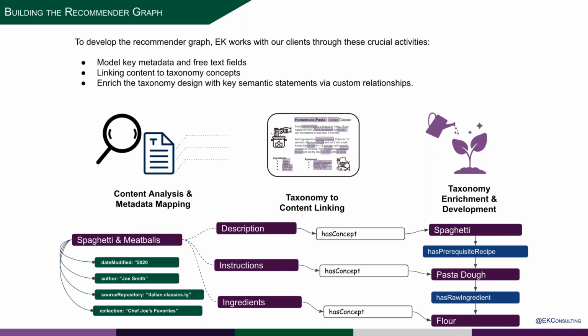Sure, we've modeled these topics, and so we have that level of granularity, but now let's start wondering, based on these different schemes, different types of concepts that I have in my taxonomy, how could they relate to each other, and what kind of meaningful statements can we make about these things? So you'll see in a moment how useful that is as we go into a more specific example.